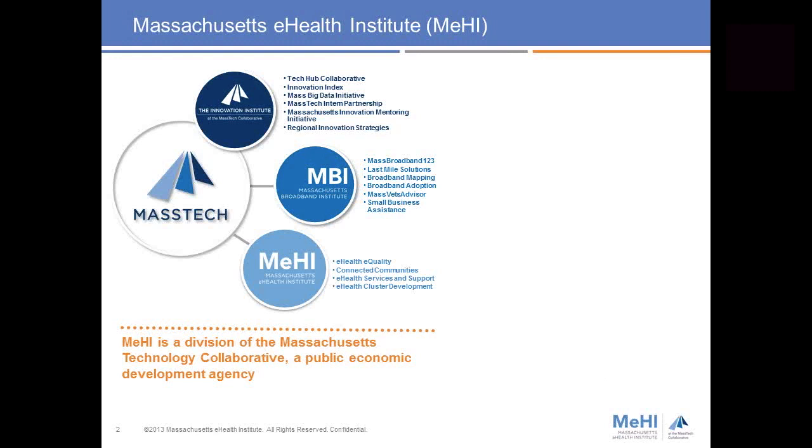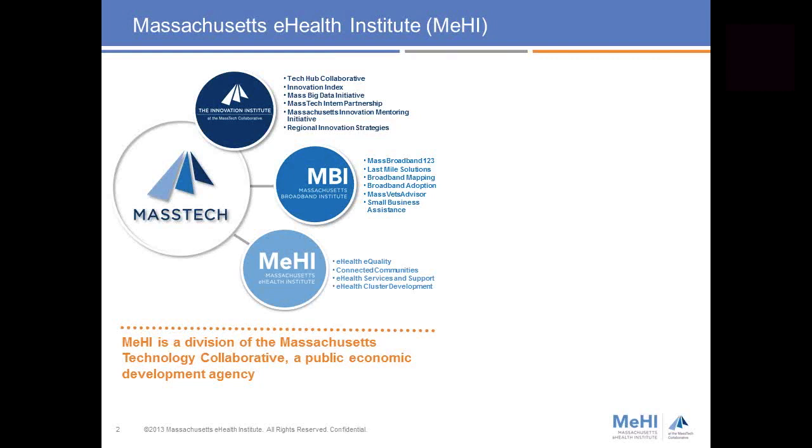And through, as you can see on the slide here, the Innovation Institute and its two major divisions, Mass Broadband Institute as well as MeHI, a number of projects and initiatives are underway which revolve around collaborating with industry leaders, stakeholders across academia and government, growing businesses within the tech growth sector, expediting the adoption and use of technology throughout the state, developing industry clusters, connectivity, and a whole host of other initiatives going on, along with supporting and funding research.